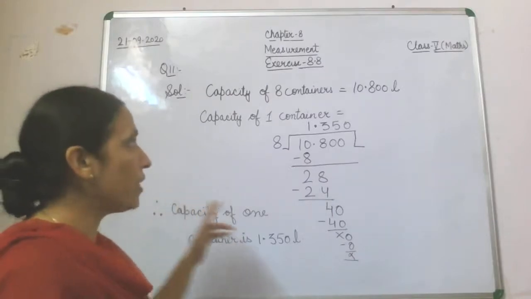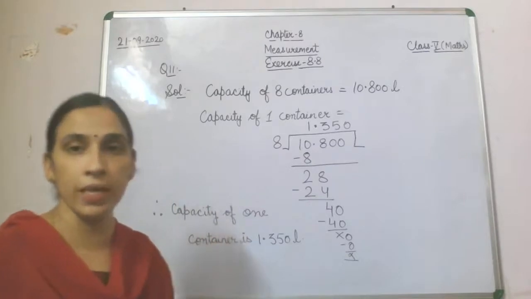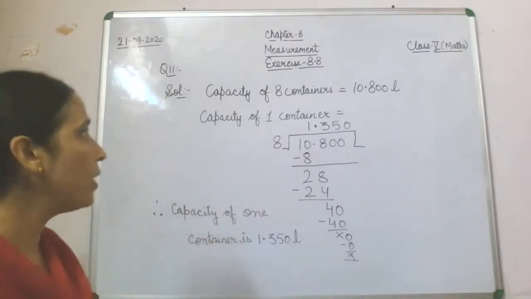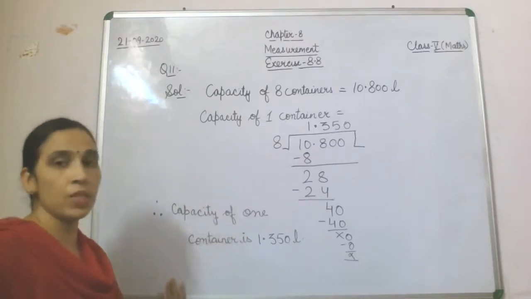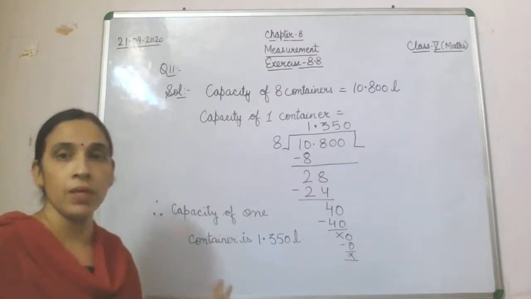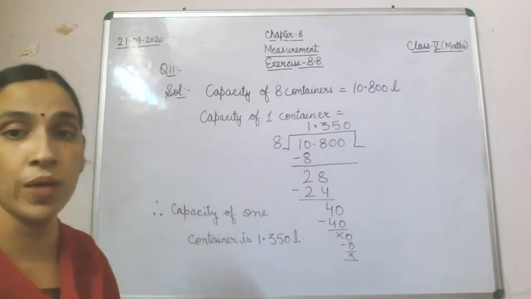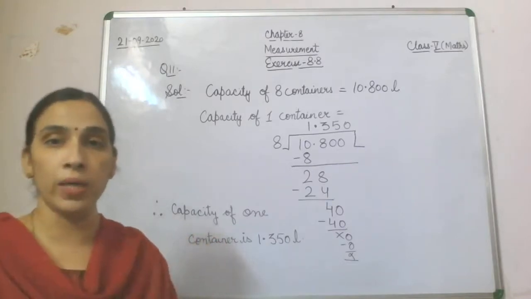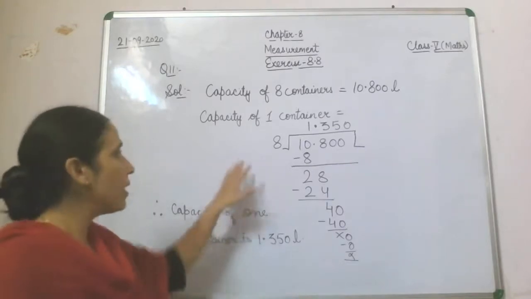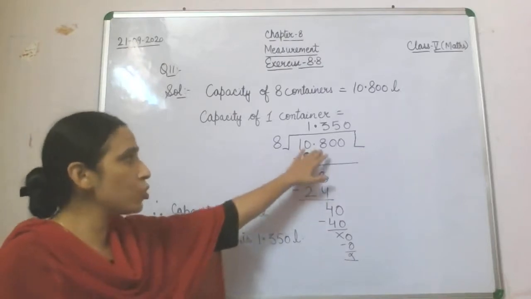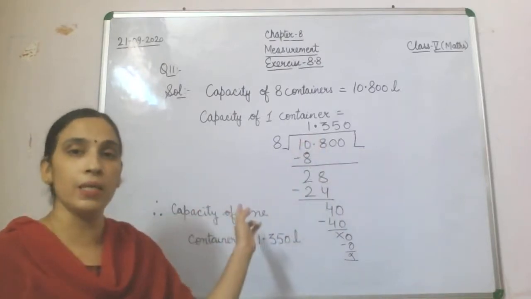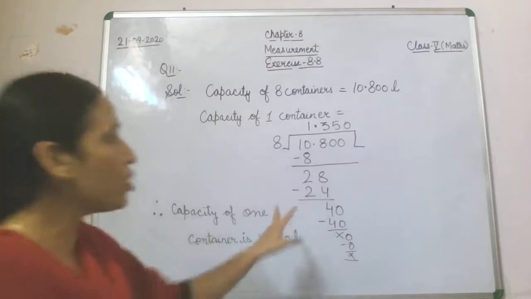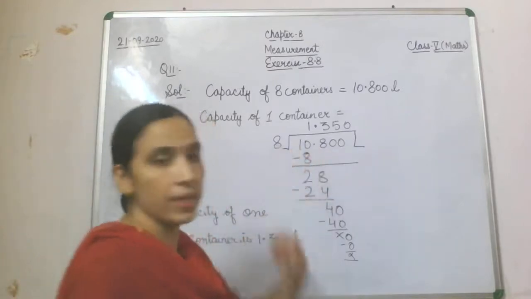Now capacity of 8 containers is given to you, that is 10.800 liters. Capacity of one container is what you are supposed to find out. How will you find it out? The concept of many and one is there. Many means 8 containers contain this much oil. So in one container how much oil will be there? So this total oil will be divided by 8.